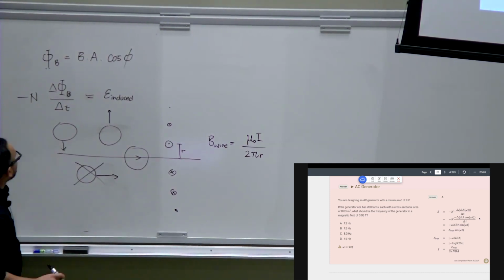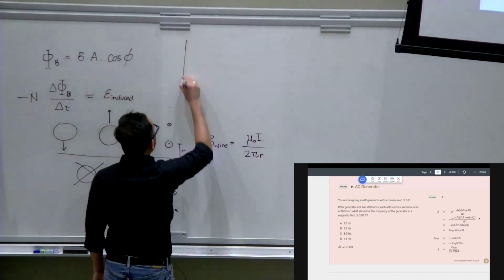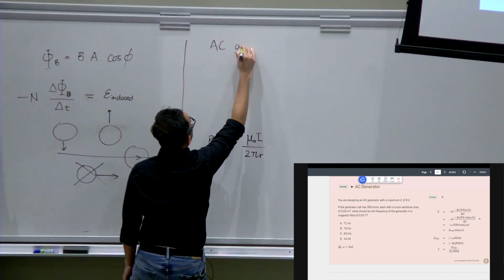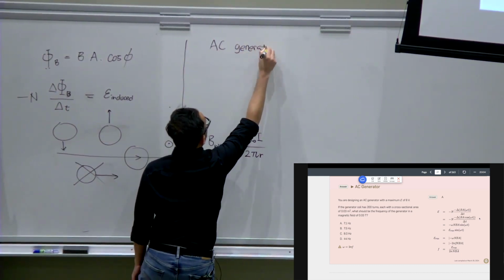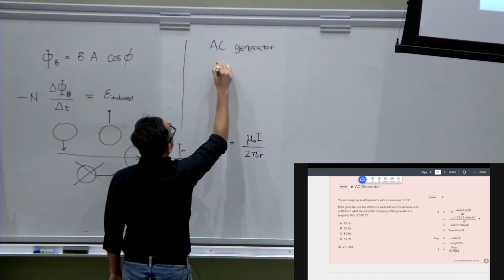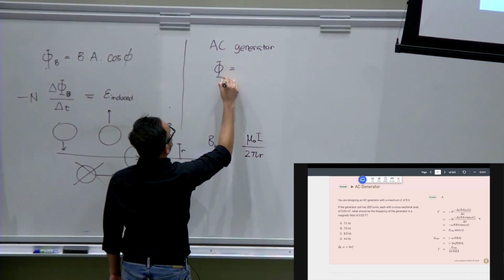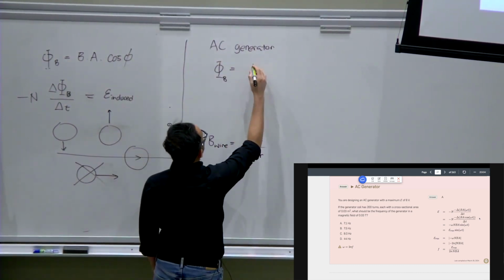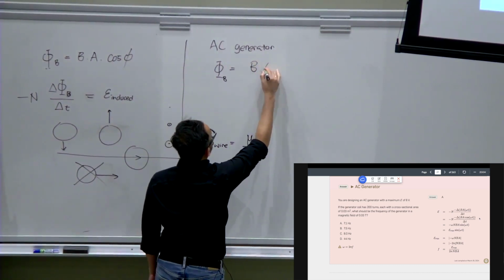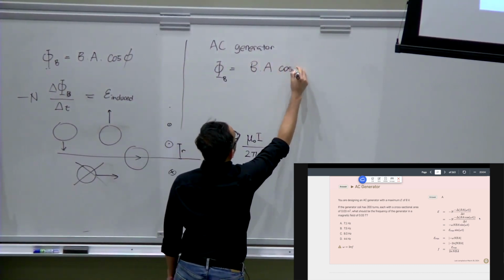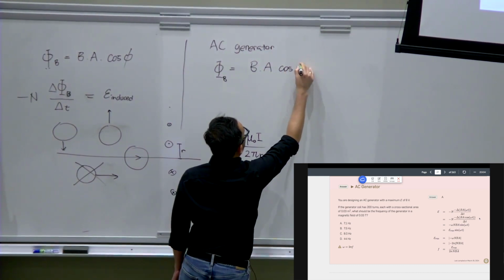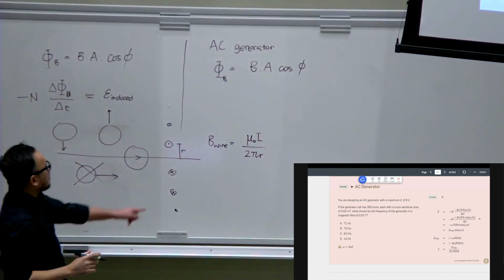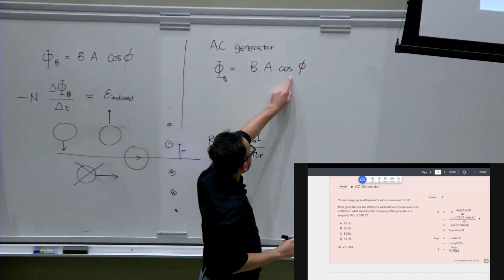So for AC generator, or electric generator, flux is equal to B times A times cosine of small phi.